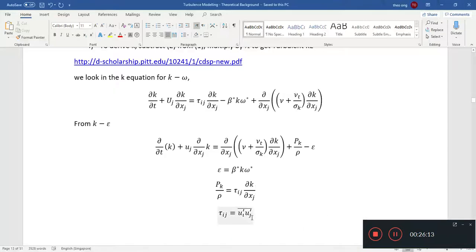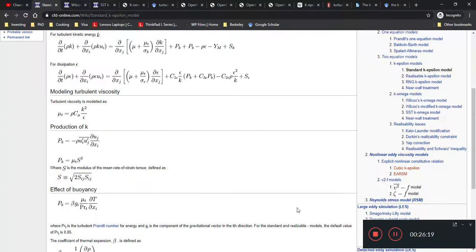There's something else to it, but that's where it basically comes from. These are the closure terms.